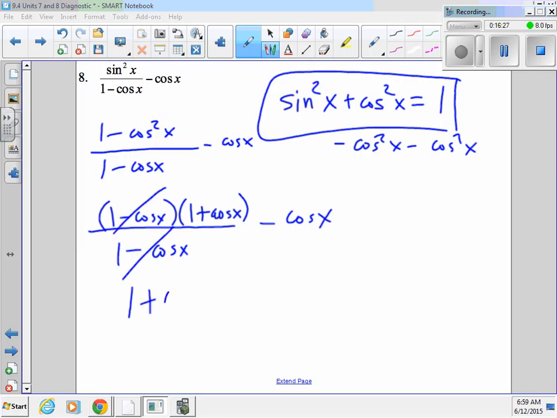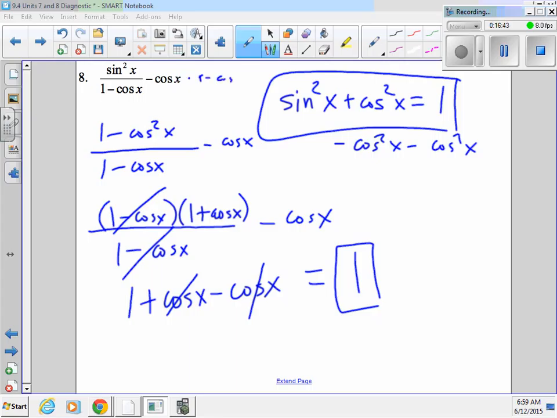So I have 1 plus cos x minus cos x, and this just comes out to be 1. How nifty is that? There are other ways to do this, by the way. You can combine this into one fraction by multiplying this guy by 1 minus cos x if you wanted to. But that's probably the quickest way.